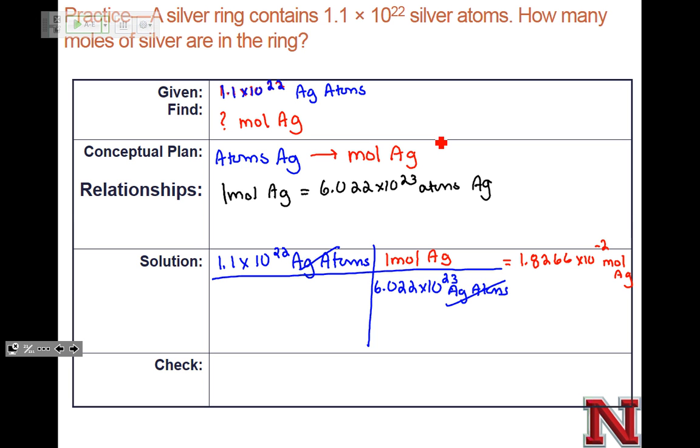Of course, we only started with how many significant figures? 2. So our final answer should be in 2 significant figures.